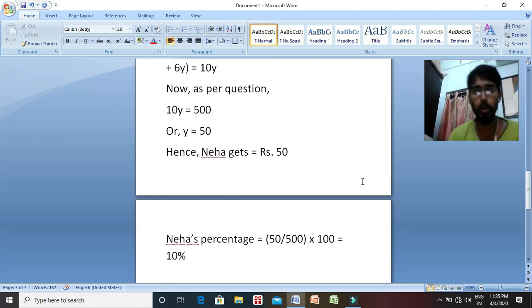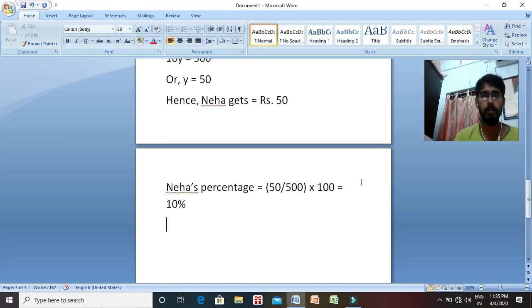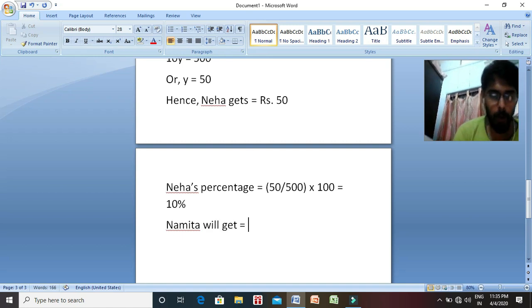Let us go to the next part, which is the score of Namita. So the amount of Namita will be 3y, and we have already cleared the fact that y is 50 rupees. So 3 into 50 will give us rupees 150.